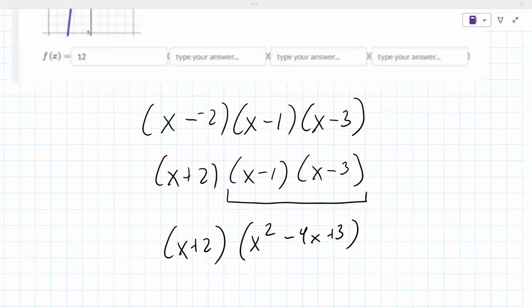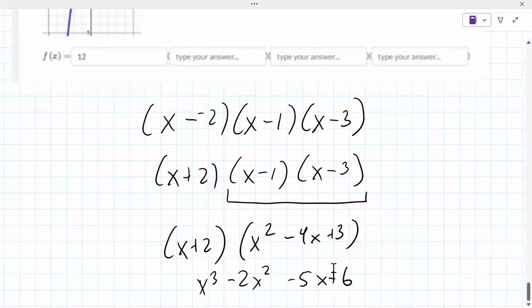Okay, I got x cubed minus 2x squared minus 5x plus 6. That is correct.